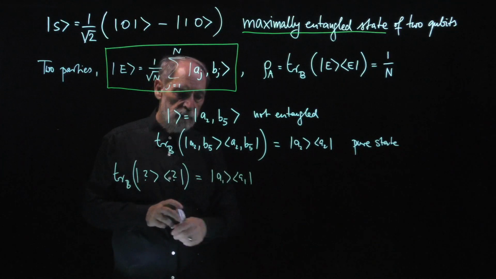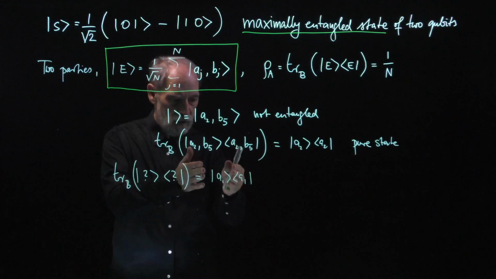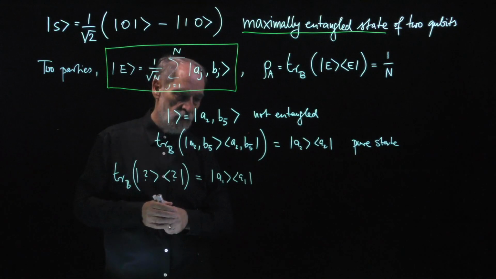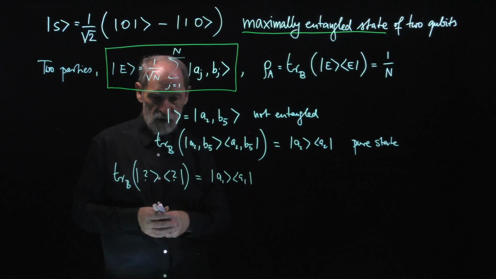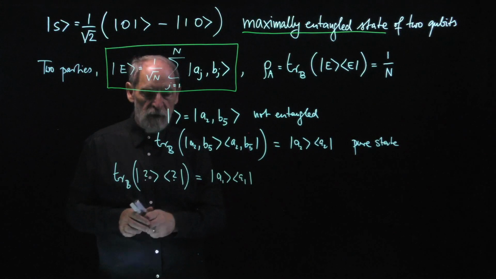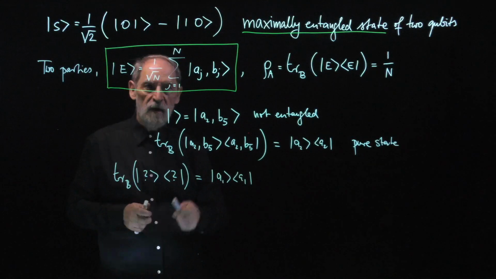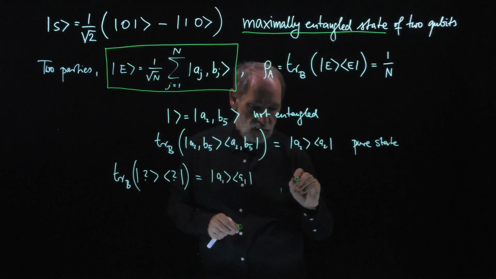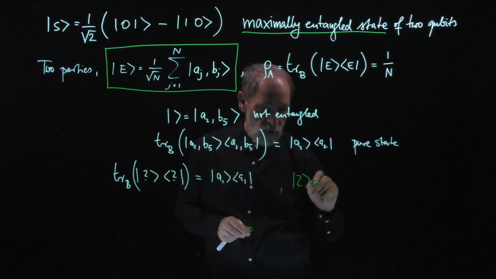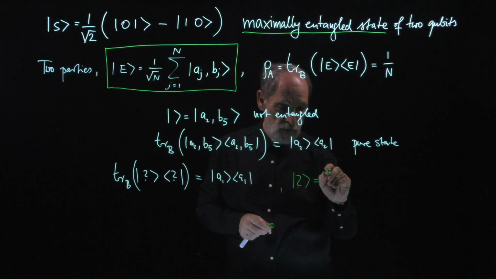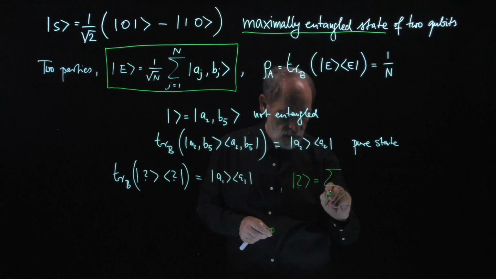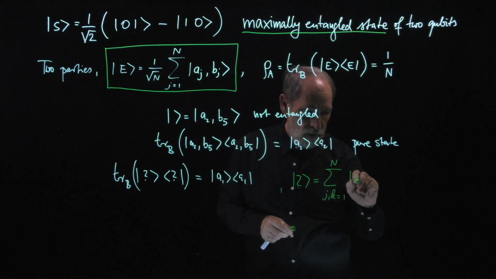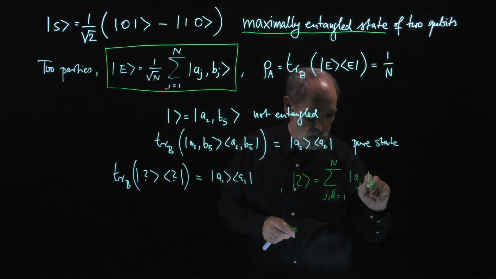And this pure state will be represented by a ket and a bra in some basis, so why not use A1 for the example, since we have that basis already. So what kind of property can I have for those states? Well, the more general state of this kind, the question mark state, if we write down the most general thing that we can think of, it will be a sum over j and k, both running from 1 to n, and I will have Aj combined with Bk.